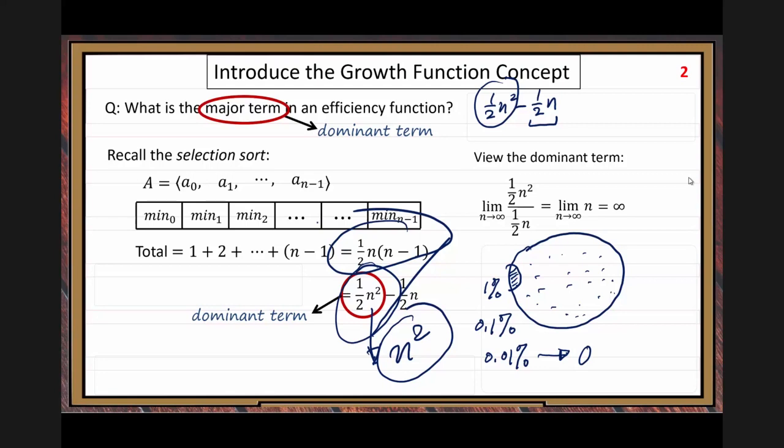N squared is simple. So this n squared, we call it the growth function of this function. That's the concept: we want to use a simple function to see how fast it grows. That's our definition of the growth function.